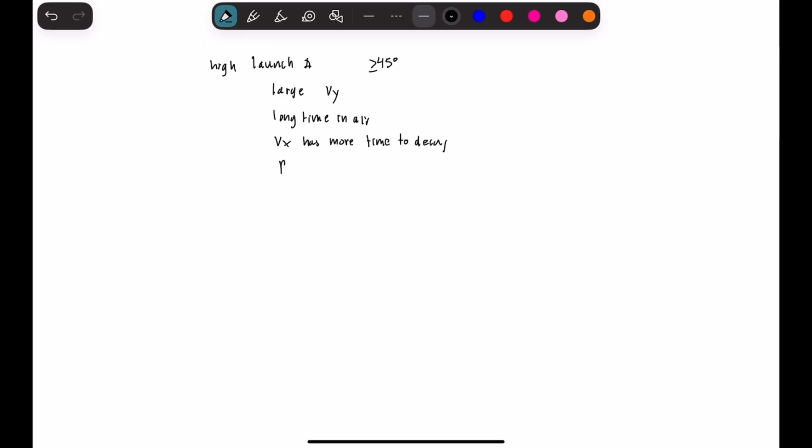So the projectile hangs in the sky, flying while losing horizontal speed.